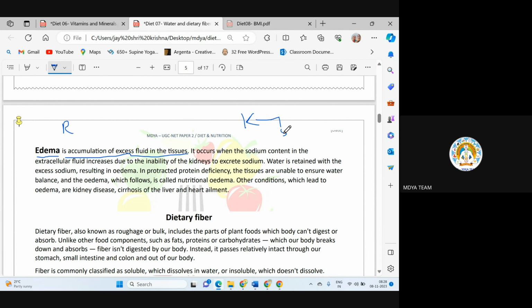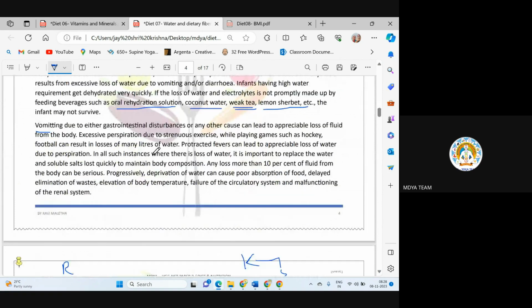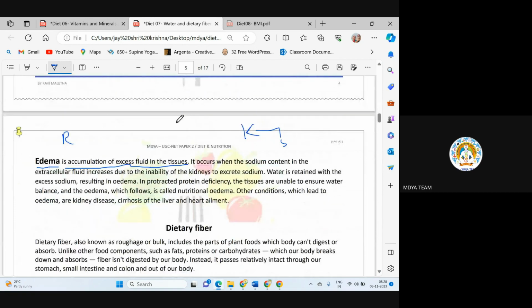That means sodium and chloride concentration will increase in our blood and body, and increased sodium and chloride will ultimately lead to water retention. So for any problem related to water, whether it is edema or dehydration, you need to keep the amount of electrolyte in mind also.